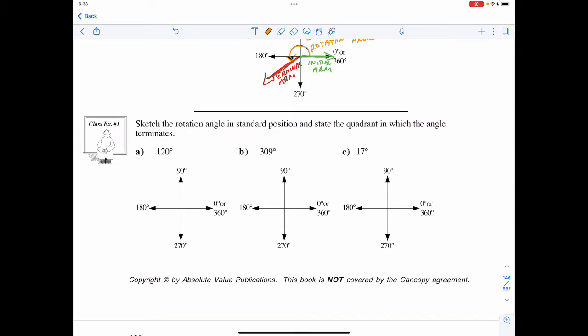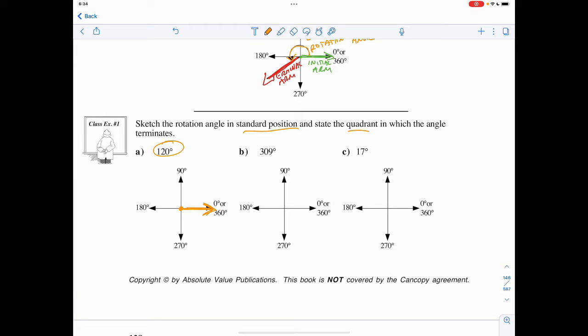When it asks us to sketch the rotation angle in standard position and state the quadrant in which the angle terminates, I'm going to start with a point at the origin. I'm going to show my initial arm going along the positive values for x. And then it doesn't need to be perfect. I'm just going to show my terminal arm existing in approximately the point where it exists.